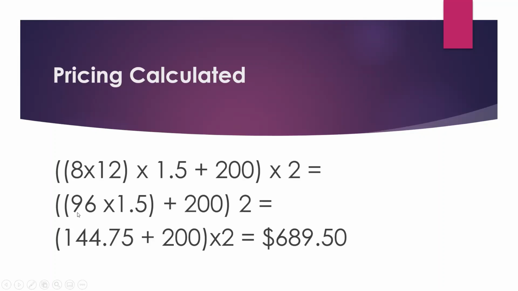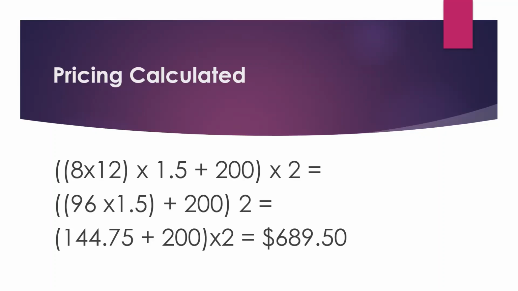So here we calculated. And remember, it said gallery showing, so you have to double the price for galleries because they mark up 100% of your proposed retail price. So 96 times 1.5 plus $200 multiplied by 2, and we get a gallery retail price of $689.50.